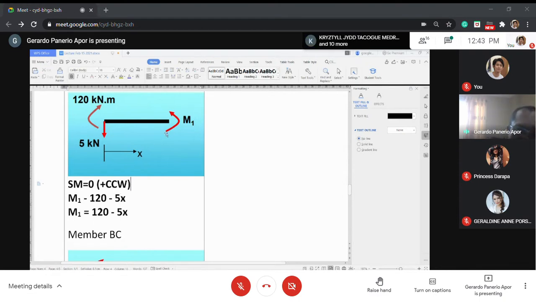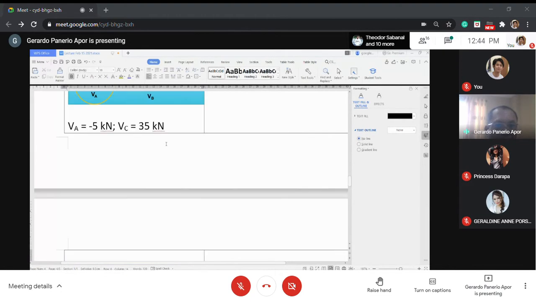So I have M1 positive counterclockwise minus 120, plus 5x, equated to 0. Now, transposing 120 to the other side, that's why we have this. Okay, that's for M1.